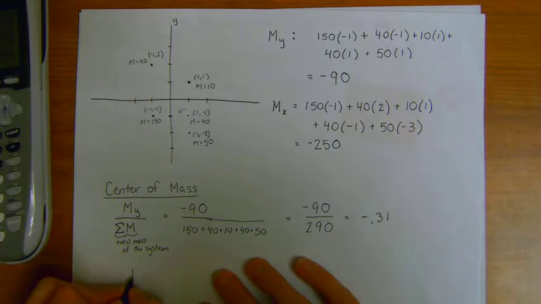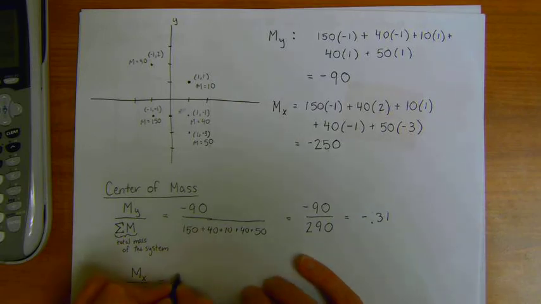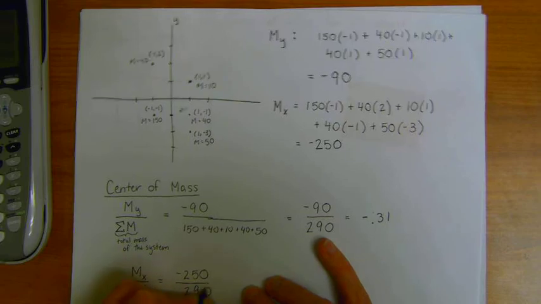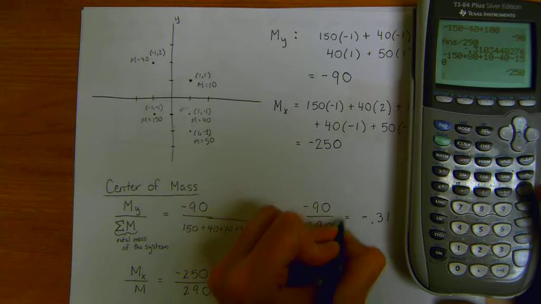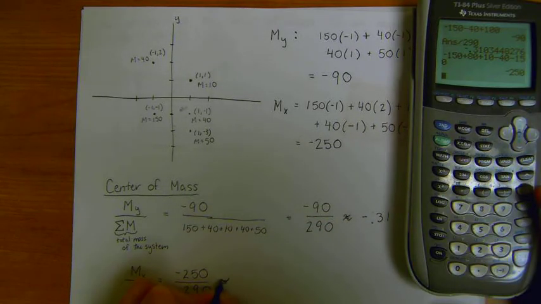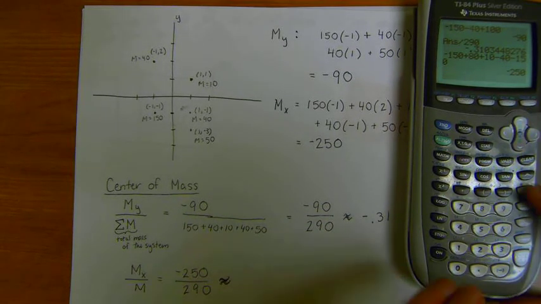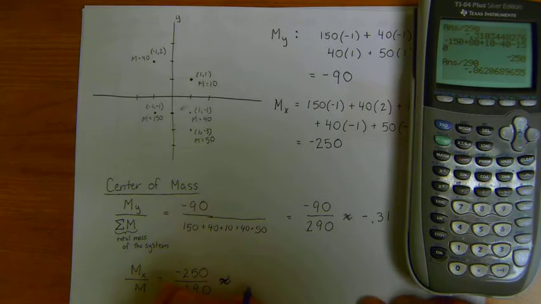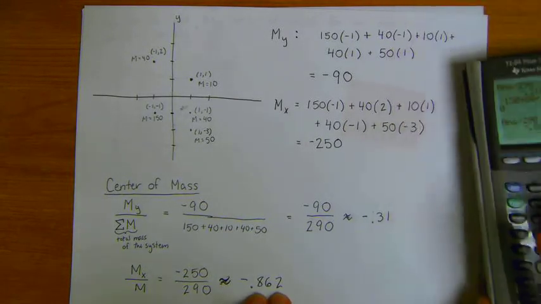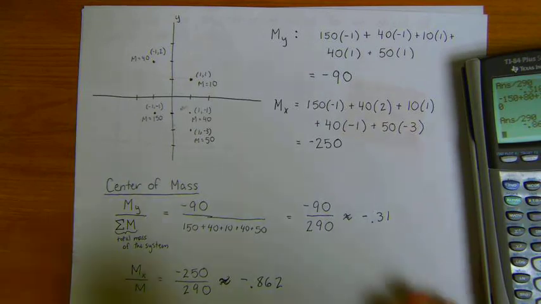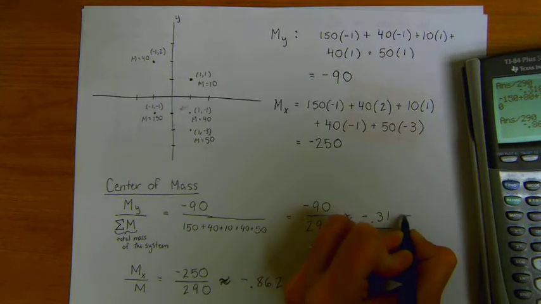And our center of mass, m sub x, divided by the mass of the entire system then is -250 divided by 290, which is still a little less than 1. I can plug that into my calculator. And it's going to be about equal to negative 0.862.